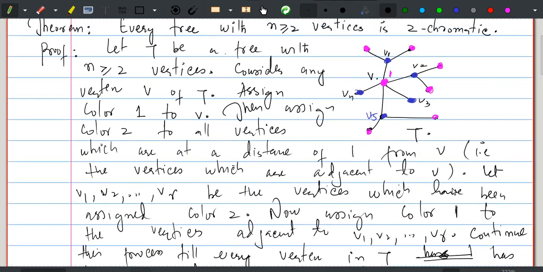Suppose we have another vertex and another edge here.